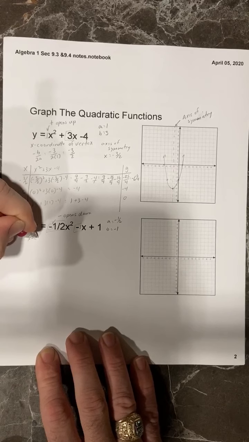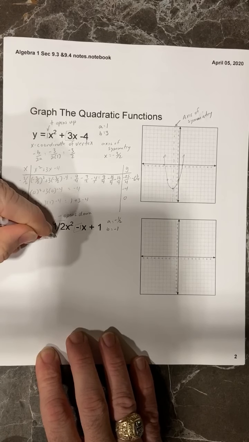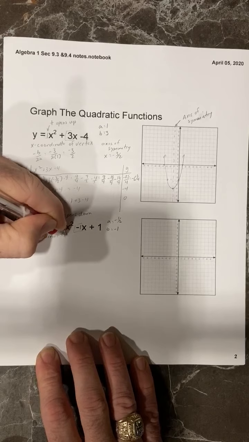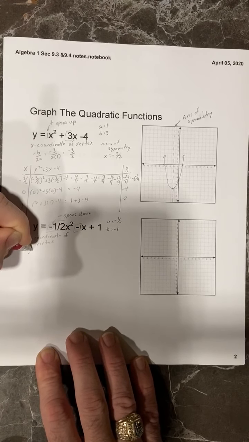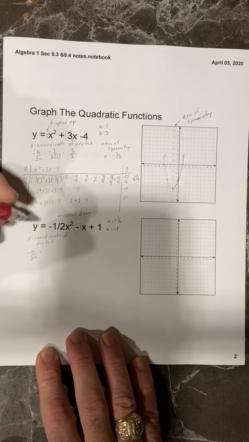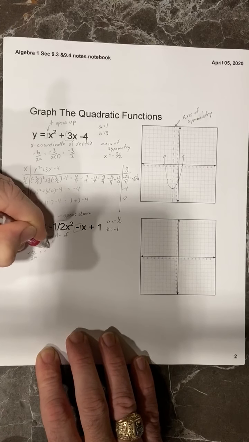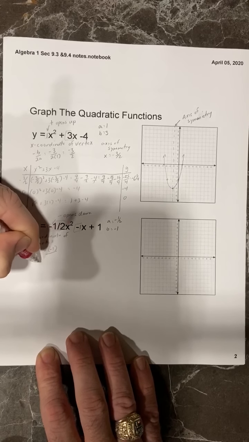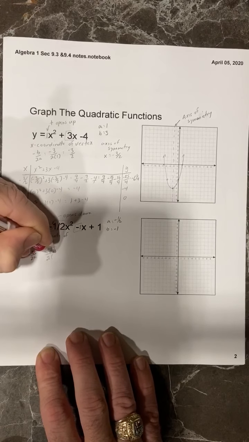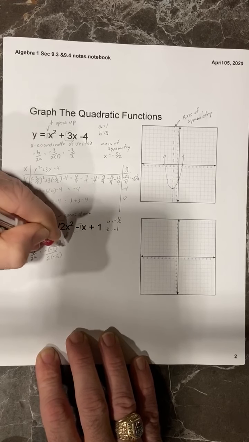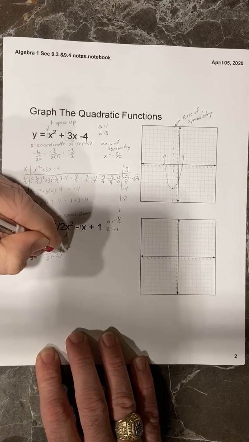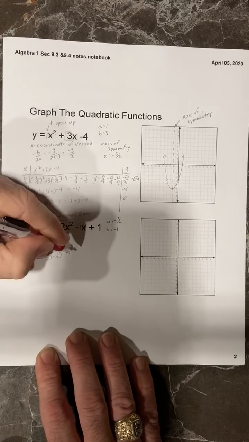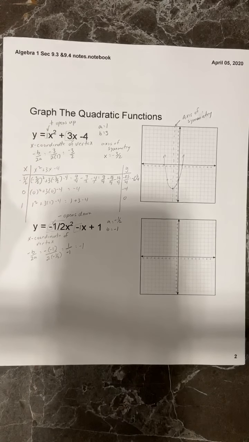So the x coordinate of the vertex is negative b over 2a. So our b is negative 1. So negative times negative 1 over 2 times a, which is negative 1/2. So negative times negative 1 is going to be positive 1, and 2 times negative 1/2 is negative 1. So we end up with negative 1 for that x value.